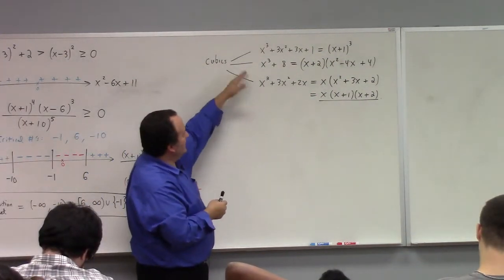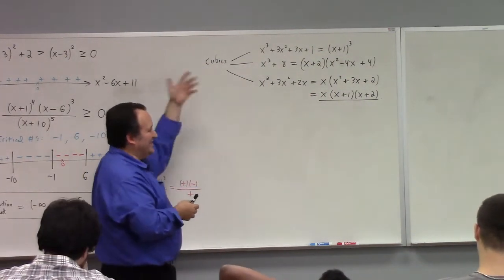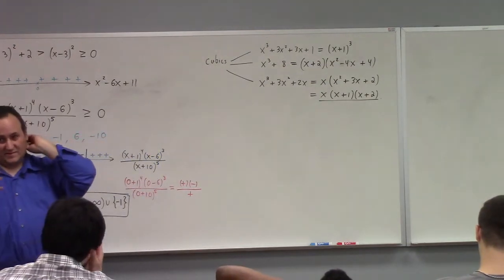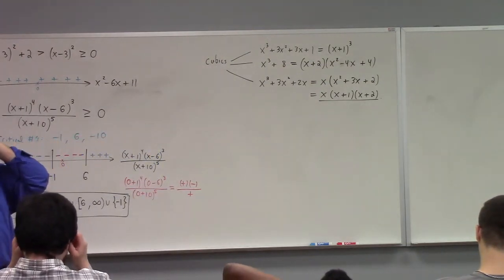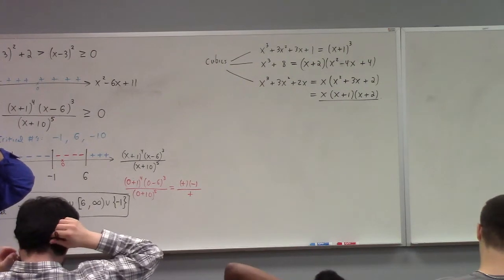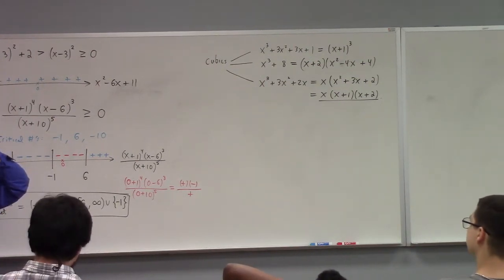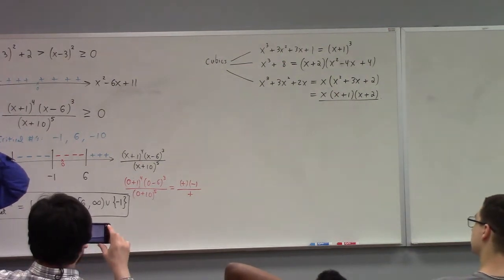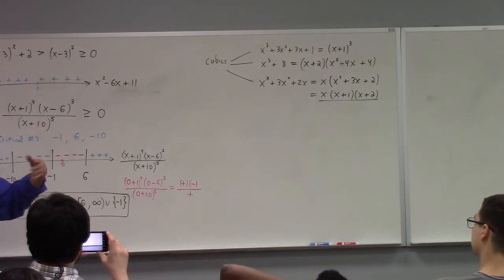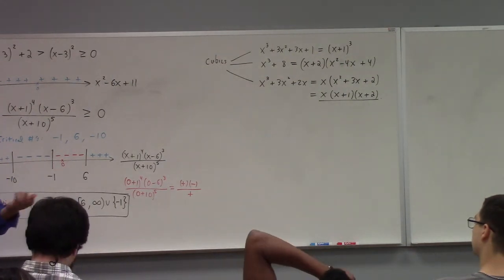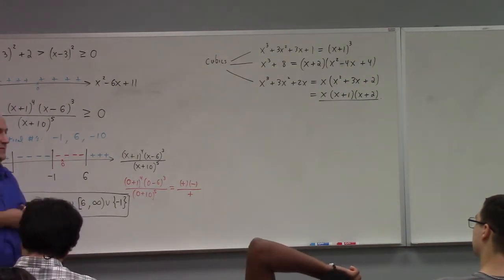So my point to you is, in terms of cubics, that's kind of it, in terms of nice factoring strategies. With quartics, we did something like x to the fourth minus something, and we factored that. But the truth of the matter is, for higher order polynomials, there is no nice way to factor. It's just a genuinely hard problem.